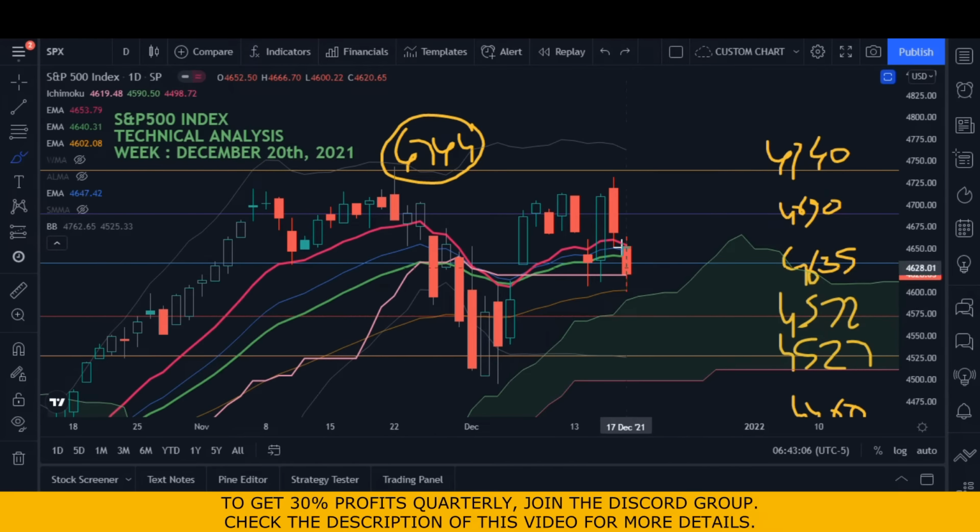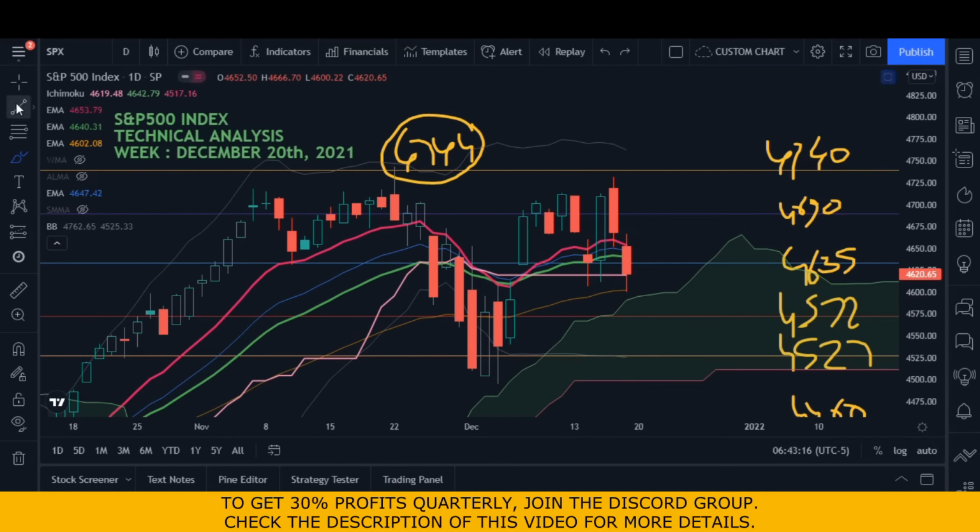Now the Ichimoku. Because the market is trading above the Ichimoku, it is bullish. So only through Ichimoku the market is bullish, but otherwise it is bearish. Now if we look into other technical indicators, if you look into MACD, MACD is bearish.